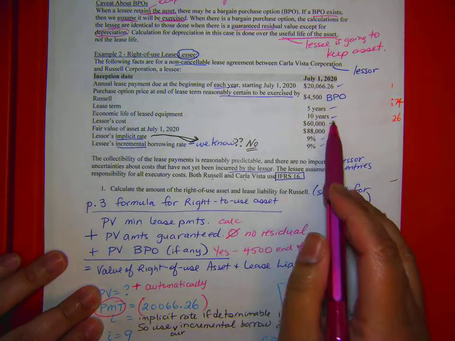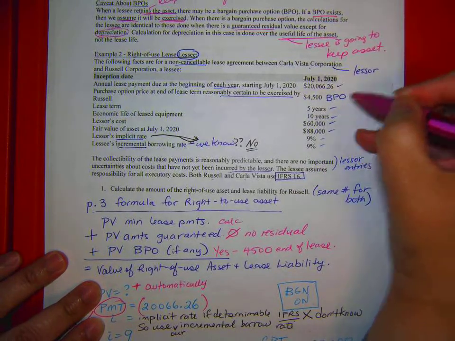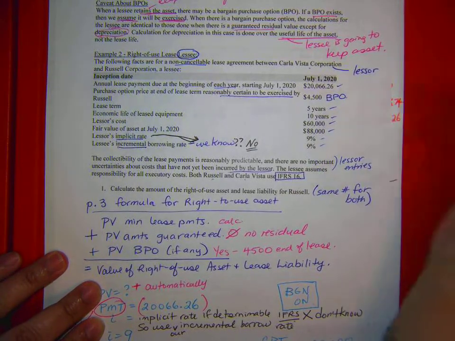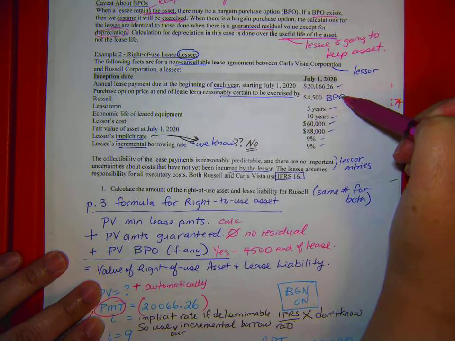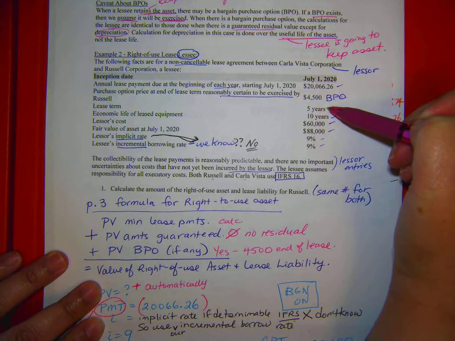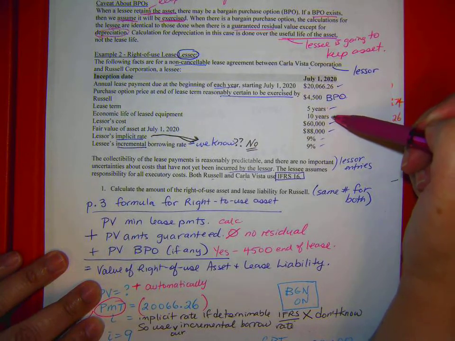And what we said earlier, you probably don't remember, but somewhere in those notes, if there's a BPO, are we going to keep it? Yes, reasonably exercised. So are we going to give it back after 5 years? No, we're going to keep it and just assume we're going to keep it. So we're going to do it over the whole life.